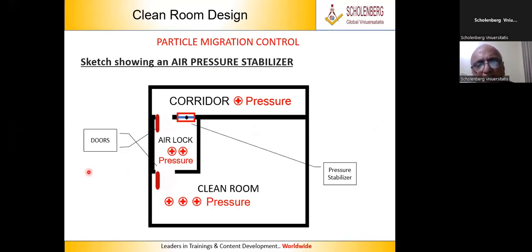If this room is pressurized and this room is not so pressurized, then the doors are not going to open so easily. Because how will you open this? If you notice the movement of the doors, look carefully. The door opens towards the higher pressure. You force the door open, and when you leave, the door closes by the extra pressure from this side.